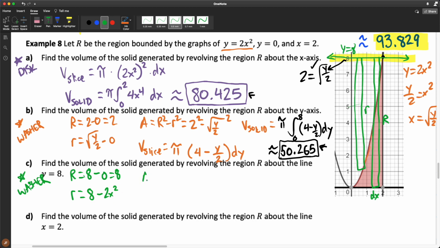Okay, so for our area, we're going to square our big R minus the square of the little r. And for the volume of our slice, multiply that by pi.